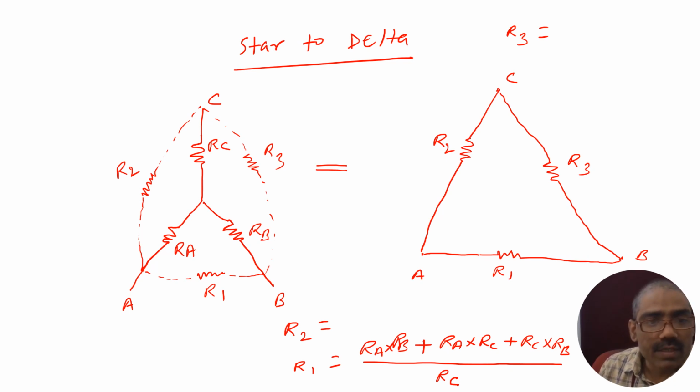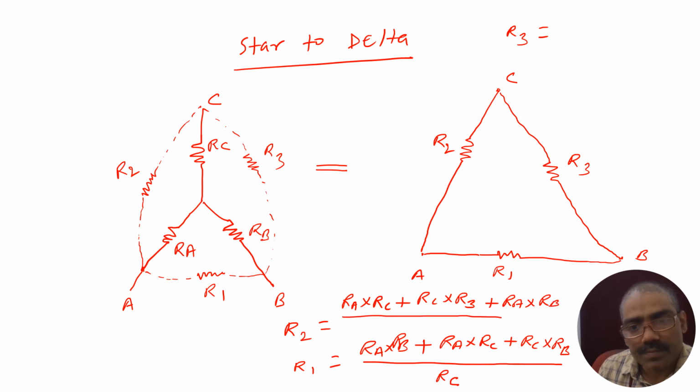RA into RC plus RC into RB plus RA into RB, divided by, as we are calculating R2, this RB terminal will not match with this one, that means these two are not connected. So here we are writing RB.